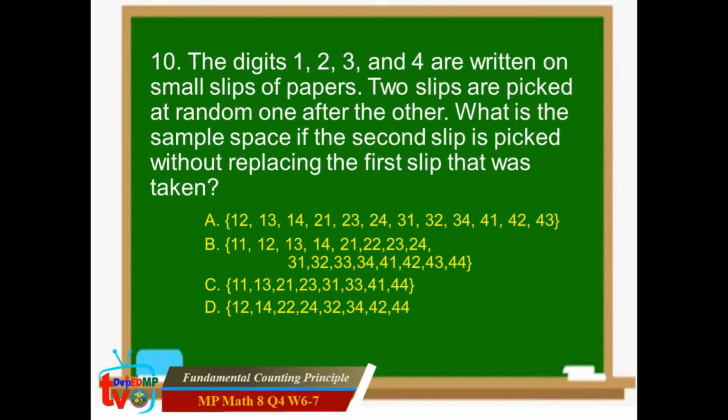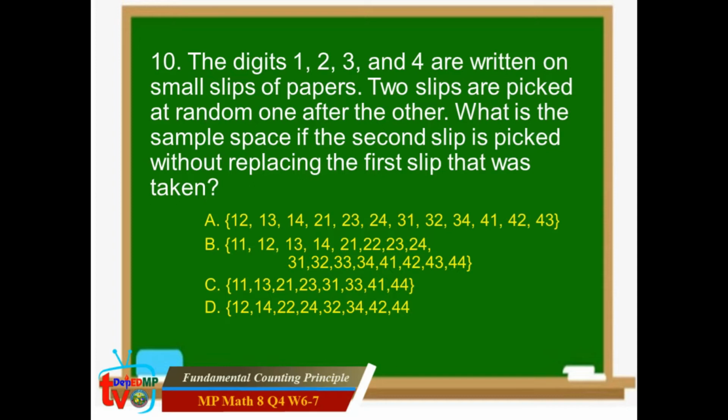10. The digits 1, 2, 3, and 4 are written on small slips of paper. 2 slips are picked at random, one after the other. What is the sample space if the second slip is picked without replacing the first slip that was taken? A. 12, 13, 14, 21, 23, 24, 31, 32, 34, 41, 42, 43.